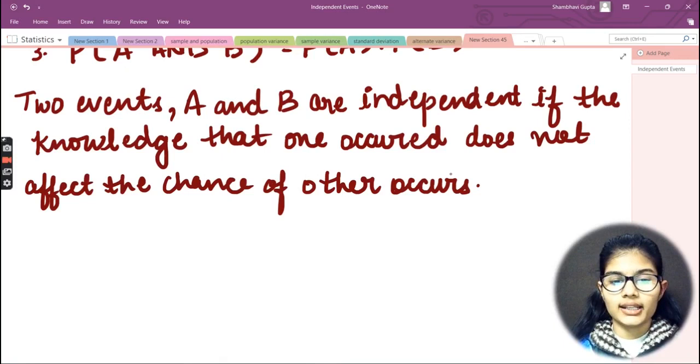Now, let's take a very quick example for checking the independence of events.